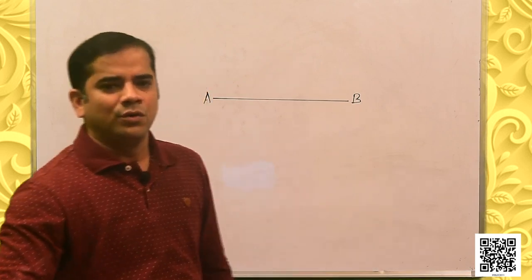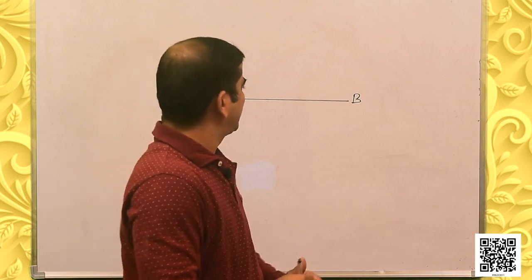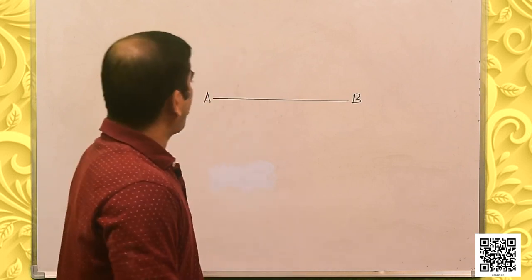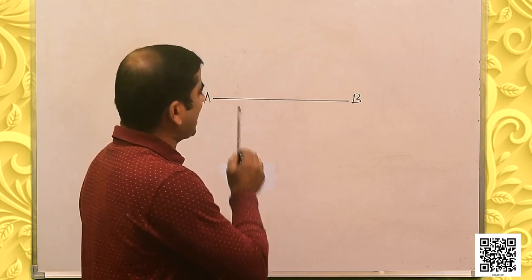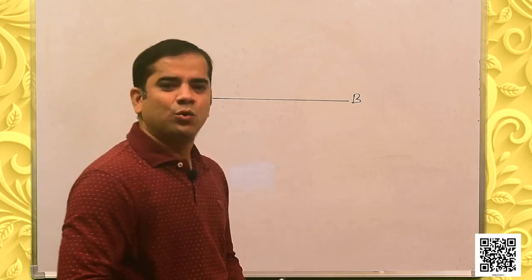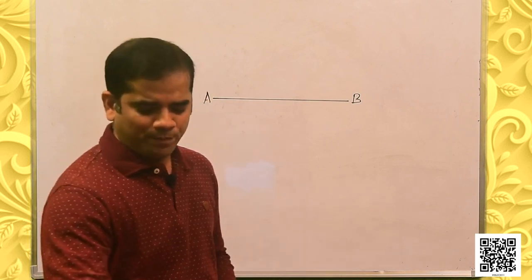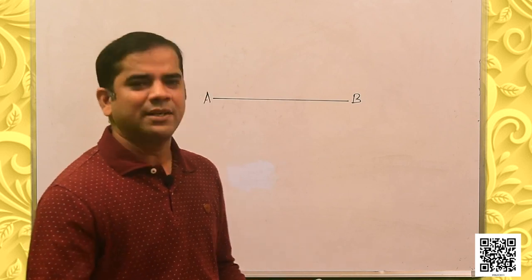Now how to bisect this line segment? That means we need to draw a perpendicular line which will intersect AB in a point which will divide AB into two equal parts. So let us see the construction part. Fine. So what are the steps?